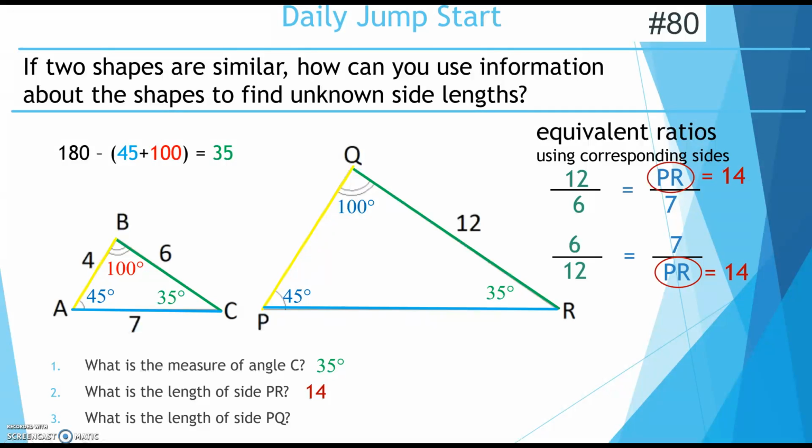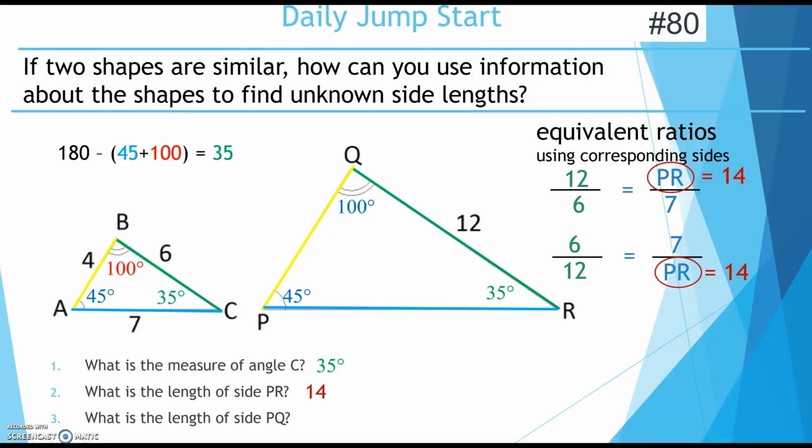You'll also notice here that using corresponding sides, we are really just calculating the scale factor. So if you look at the very first ratio here, 12 over 6, 12 divided by 6 is equal to 2. 2 is the scale factor when we are going from the smaller triangle to the larger triangle.